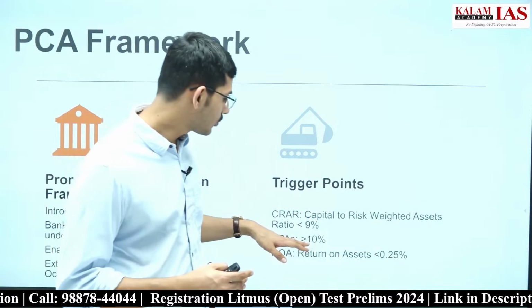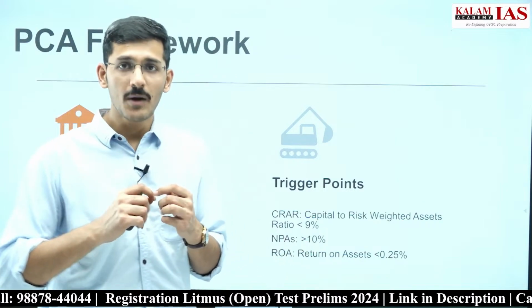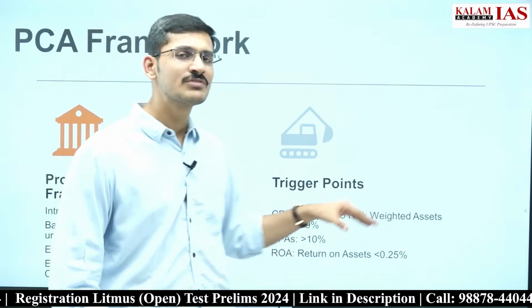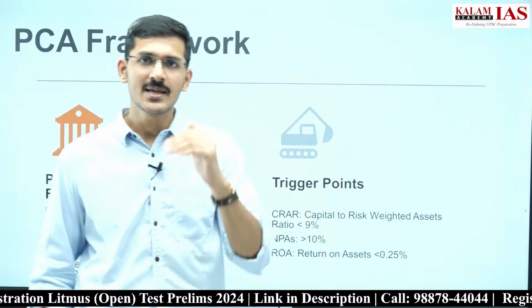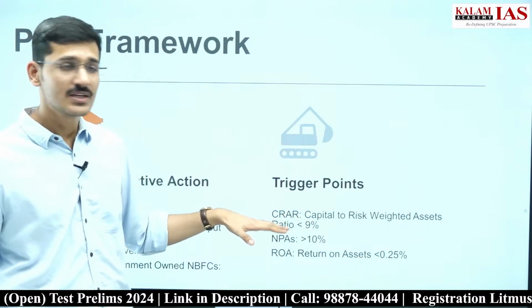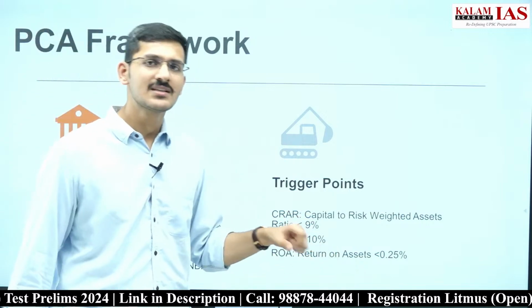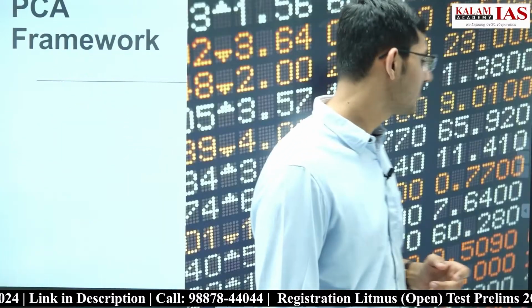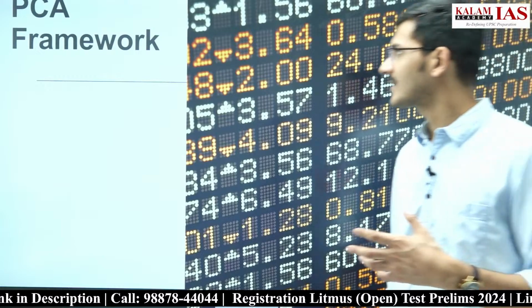So if the non-performing assets are above 10%, then PCA framework will kick in. Capital to risk weighted asset ratio, if it is less than 9%, then the PCA framework will kick in. And if return on asset is less than 0.25%, then also PCA framework will kick in. So these are the three criteria.